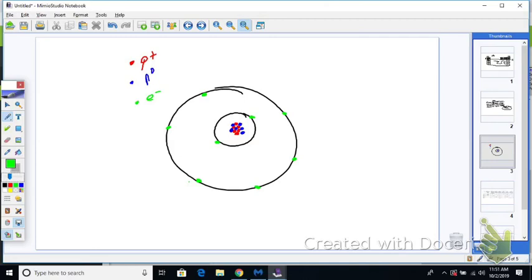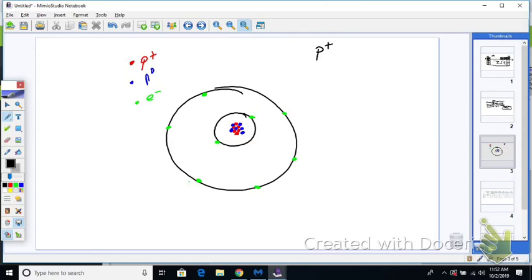So we're going to do a couple of these, and then see how it fits into what we're going to do for the rest of the day and then tomorrow. I'm going to ask you, how many protons are in this model? You guys see 6?